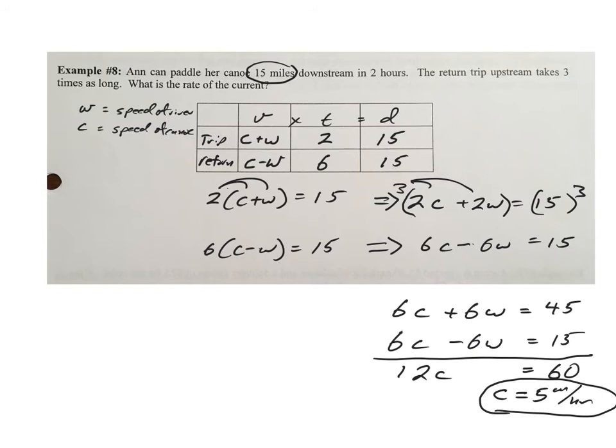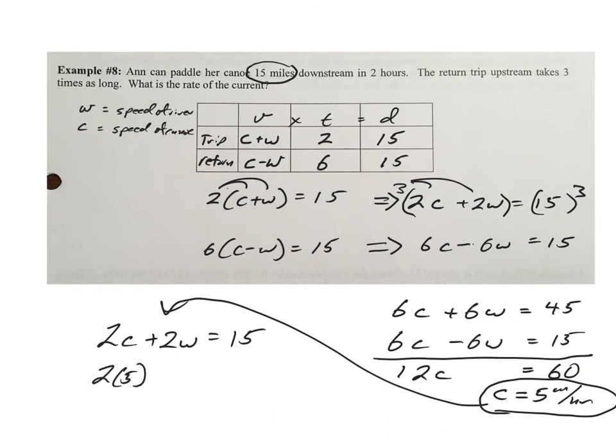So let's take the simpler formula, which was 2c plus 2w equals 15. Let's plug in the 5 for the c. So I get 2 times 5 plus 2w equals 15.